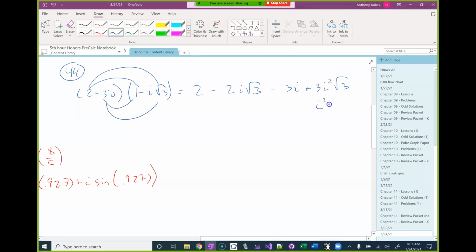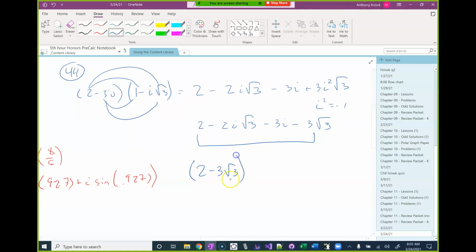I know i squared is equal to negative 1. So I have that. And now I just need to clean things up a little bit. The 2 doesn't have a root attached to it, so I really can't do anything better than there. But I'm going to put them in parentheses just to indicate that this is my A. And then these guys need to go together.